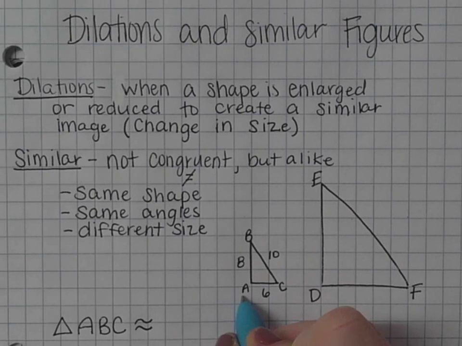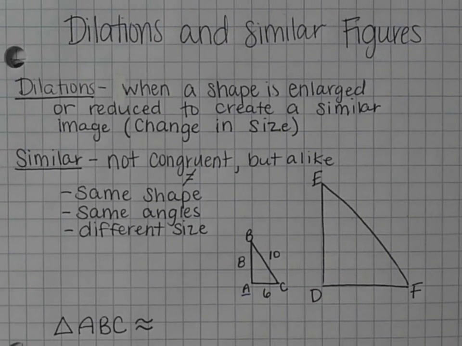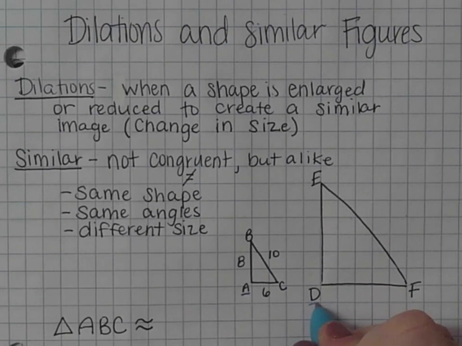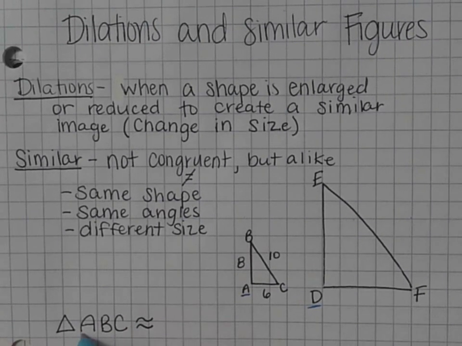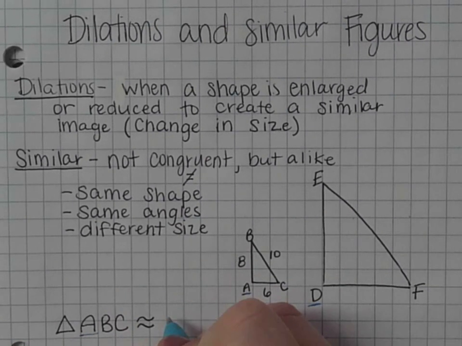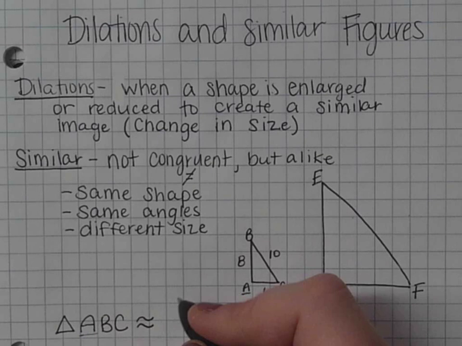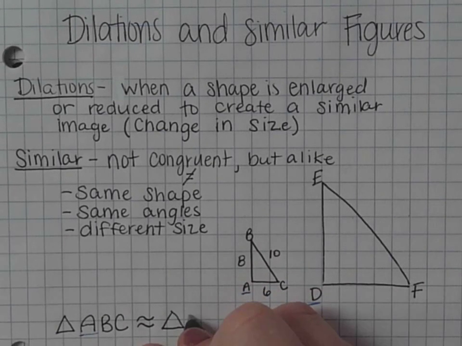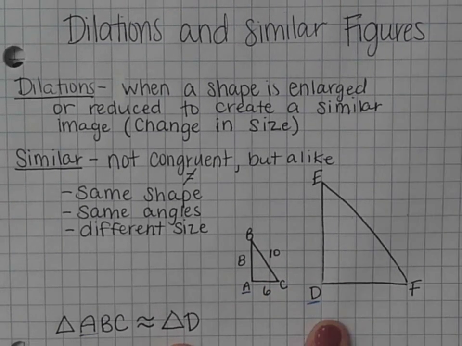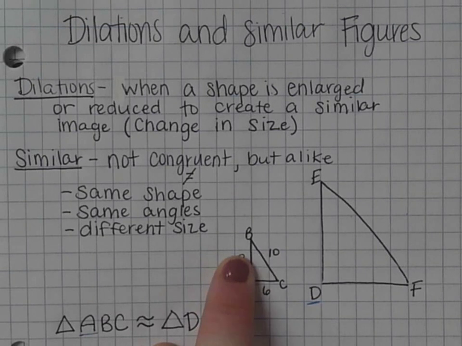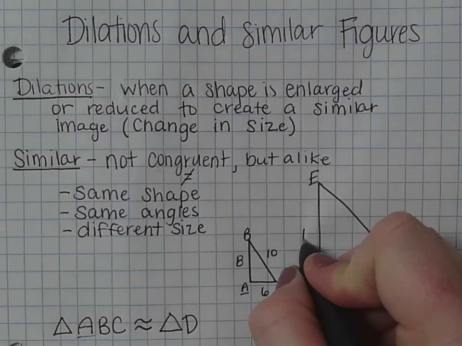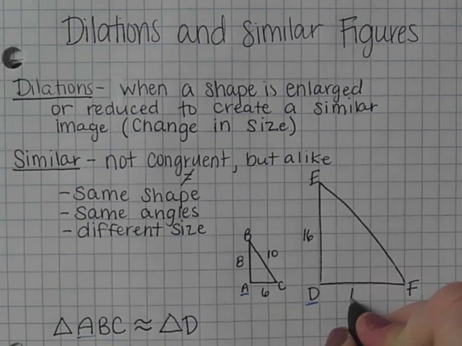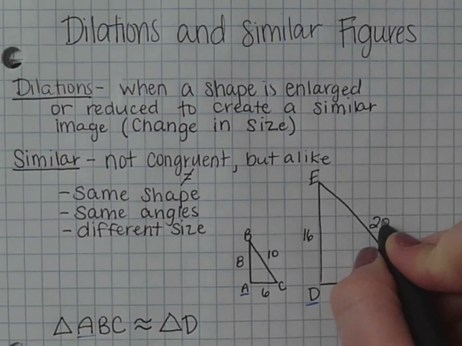So notice A and D look like they're the right angle. So if I list A first, then D would have to be listed first in the other one. So it's triangle D. And then notice I went A, B, C. So I'm going to list 16, 12, and 20.